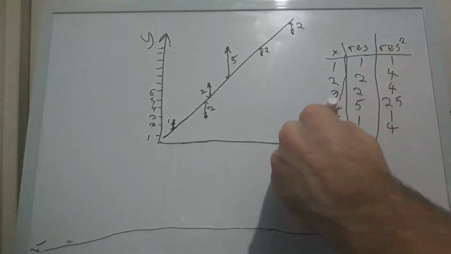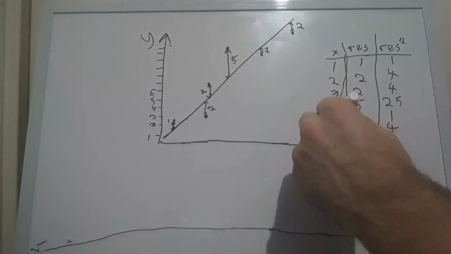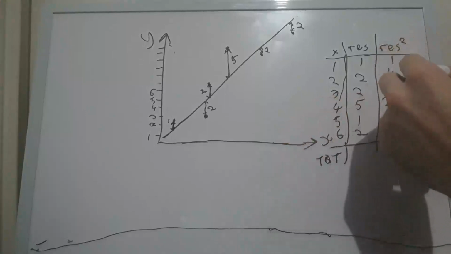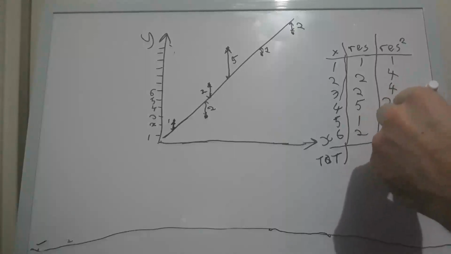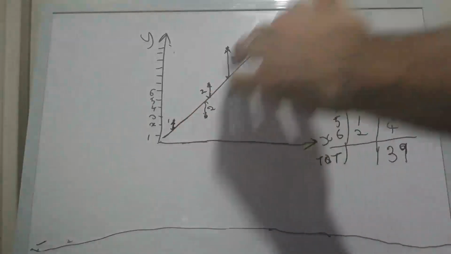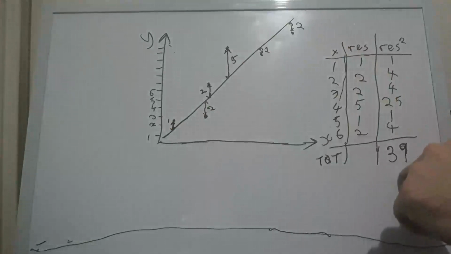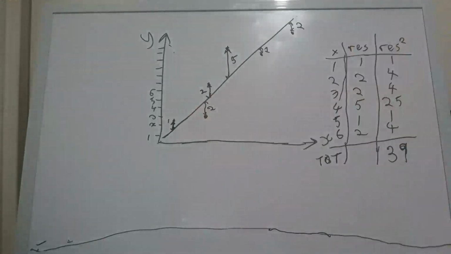And then it will try to get a total, which I have called tot here: 1, 5, 9, 34, 35, 39. So your computer or your CAS is going to do some math to work out what line it can put in to make this number, the total of all these residuals squared, as small as possible.